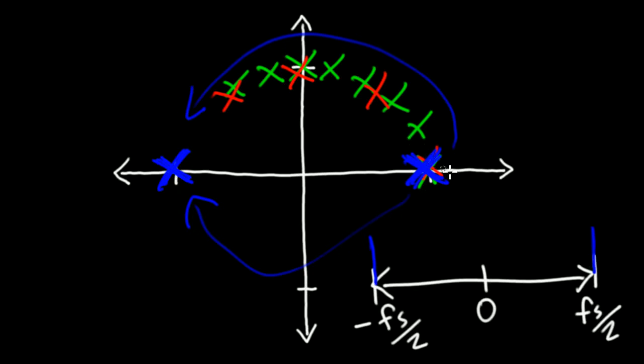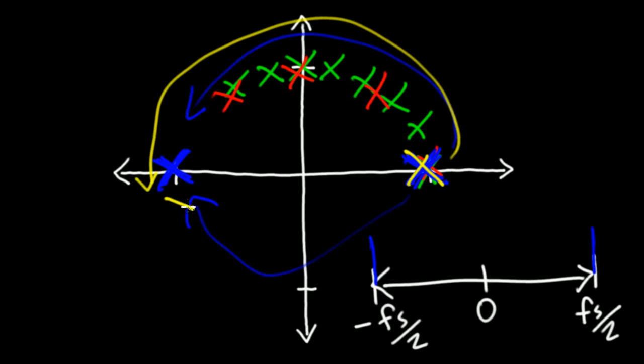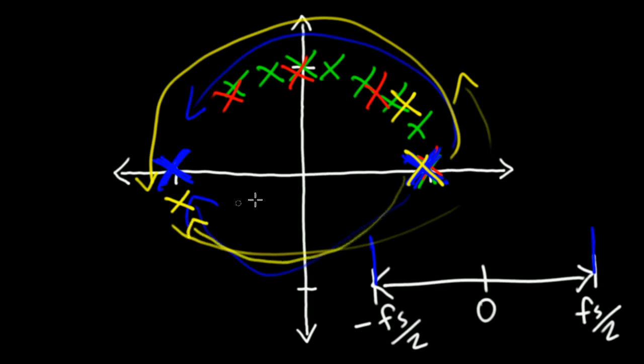If we increase the frequency further, then we go a little bit more than half a turn over to here. And then the next one is a little bit more than half a turn over to here. But you can think of that as being a little bit less than half a turn in the negative direction.